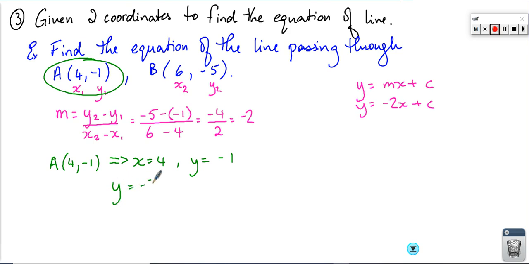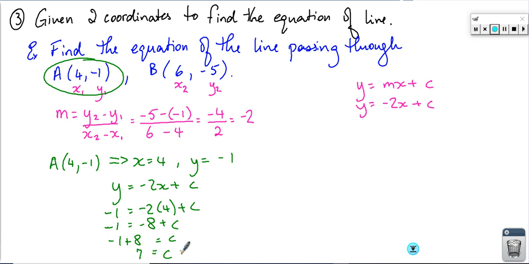So y equals minus 2x plus c. Putting y is minus 1 and x is 4, I get minus 1 is minus 2x plus c. Note that here c is the only unknown, so we can work it out. So minus 1 is minus 8 plus c, so c is minus 1 plus 8, and that is 7. Okay, c is 7. So we can write down the answer now.